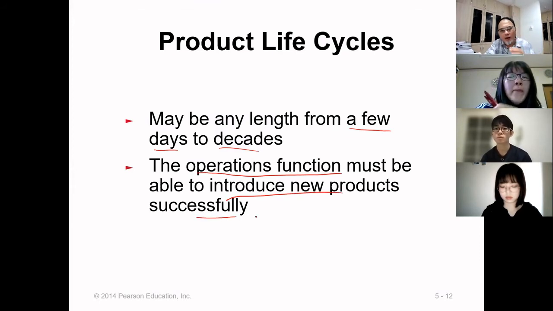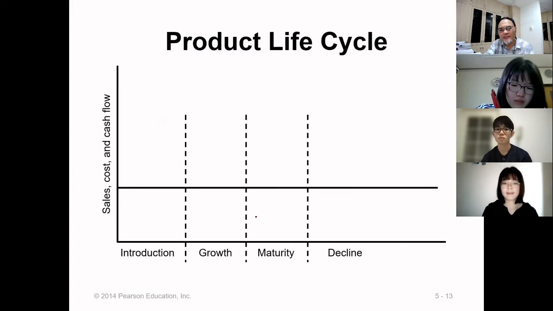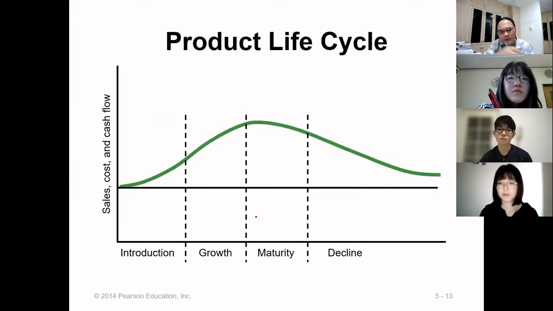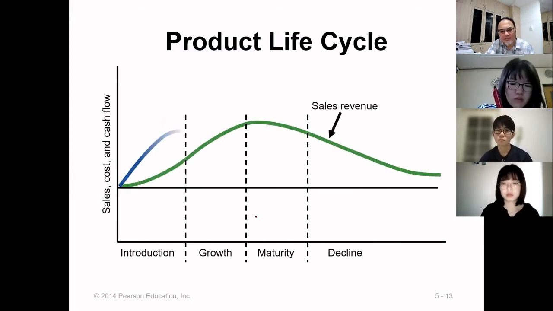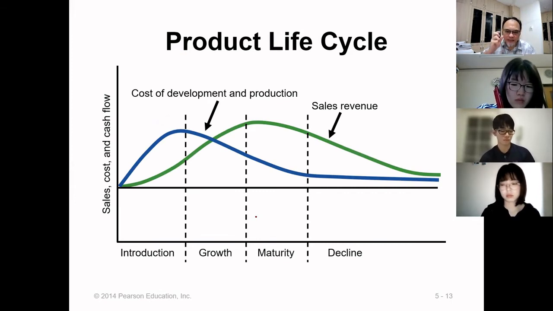But if they have old products and new products, they must keep both machines, the machines that produce old products and new machines that produce the new products. So there must be balance. Anyway, all products have a life cycle. I think I showed this during forecasting last week, about the need to forecast throughout the life cycle of the product, especially on demand.